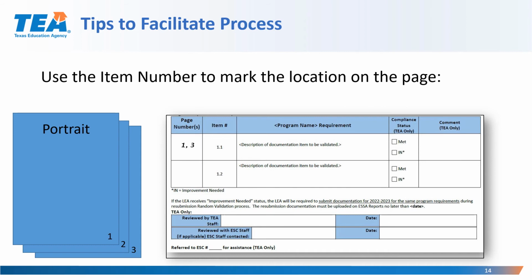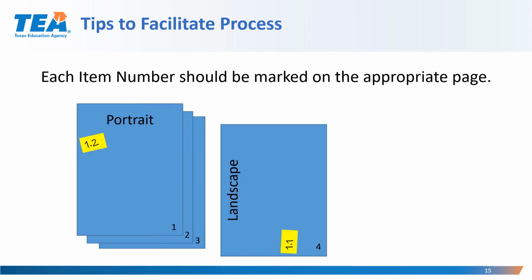For example, here you can see that for page 1 you would mark 1.1 next to the documentation that is referring to the documentation that is listed as 1.1. Each item number should be marked on the appropriate page as noted here.